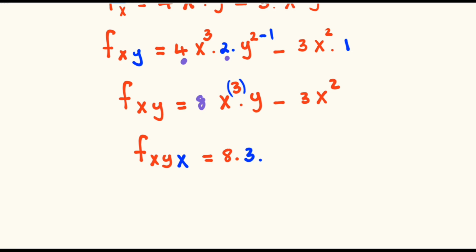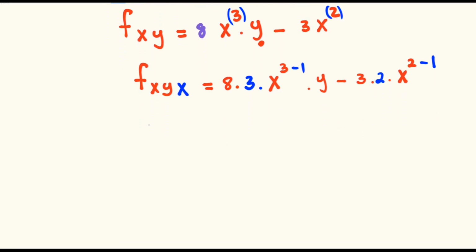We multiply it with x raised to the power 3, and we minus 1 from the exponent of the x since we are differentiating with respect to x, and we have to multiply this by that y, minus 3 multiplied by the derivative of the x squared. The exponent of the x is the 2, so we are going to multiply the 2 with the x squared, but then we minus 1 from the exponent of the x.